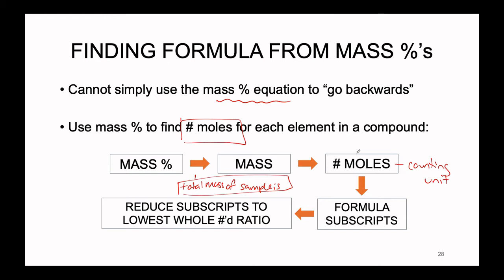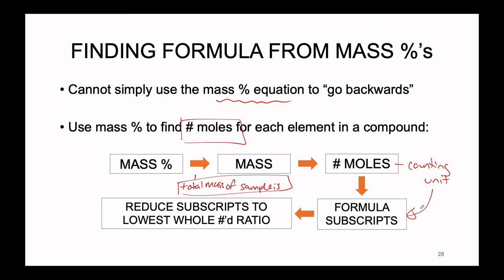And now that you know how many moles of hydrogen you're working with, you also technically know how many atoms of hydrogen you're working with. And if you know the numbers of the elements you're working with, that's the same thing as knowing your formula subscripts.